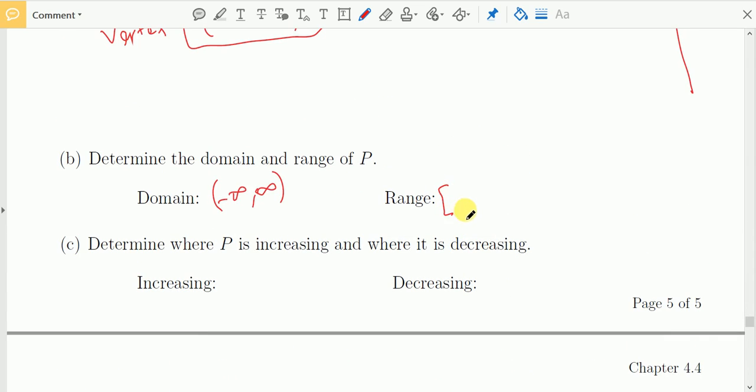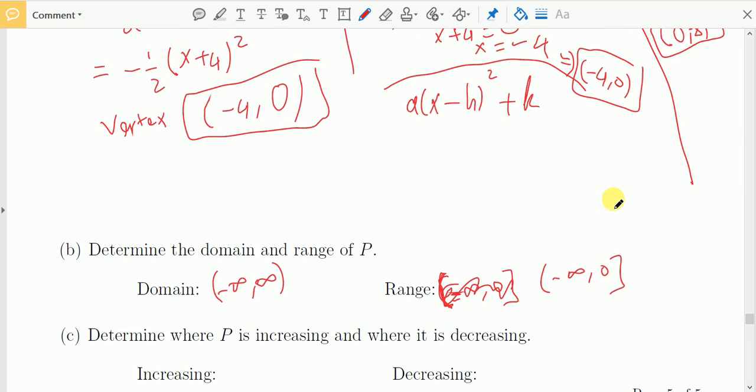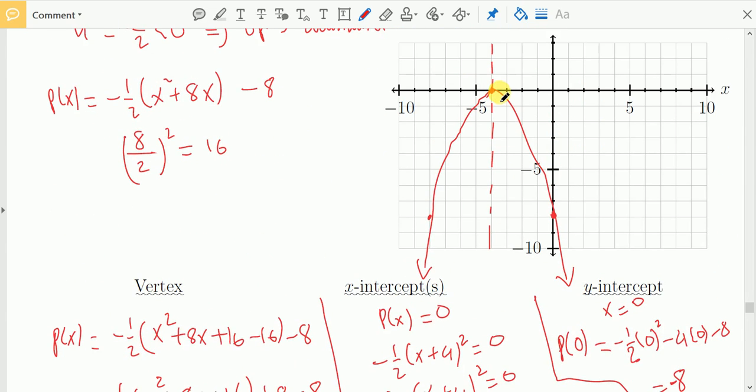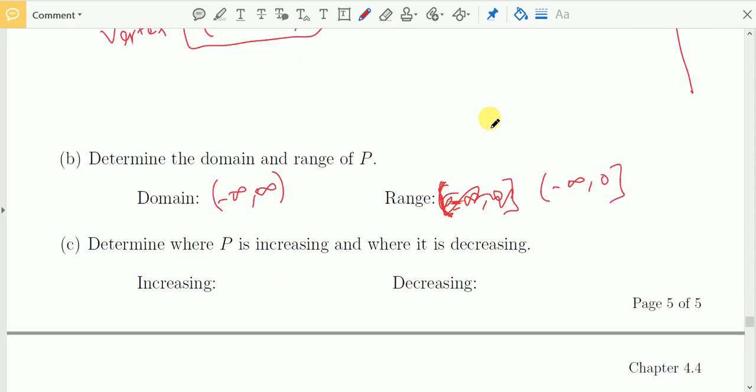So you go from minus infinity up to 0, which is the highest point. So that should be part B.